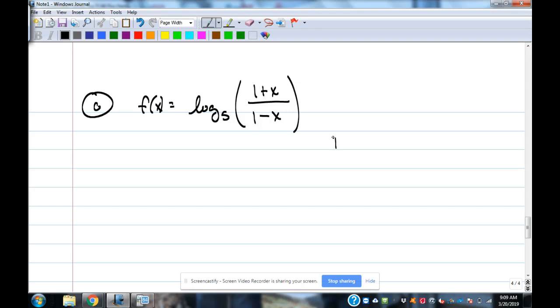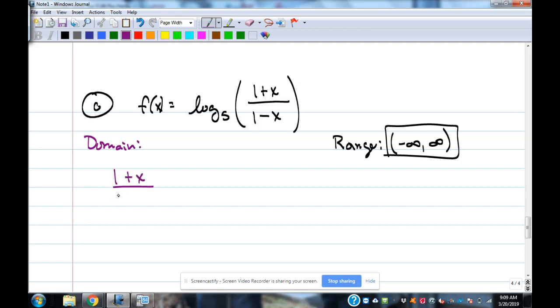Range, I got that in my pocket. That's easy. Negative infinity to positive infinity. That's a given. Domain, a little bit more difficult. We're setting a rational function greater than 0. Okay.